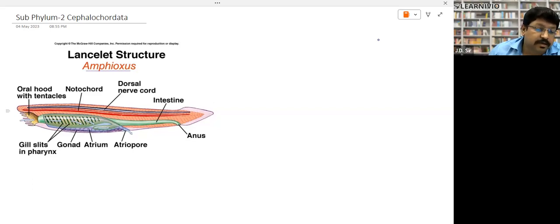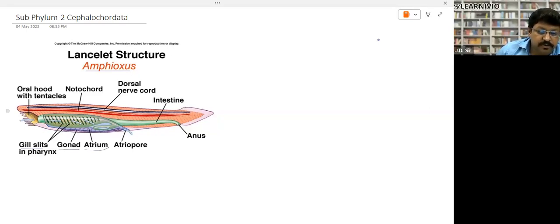Next, there is a notochord, also present from head to the tail. Again, there are oral root tentacles, which are very sensitive. Then this is the mouth part. Gills are present for respiration. Gonads are present over here.